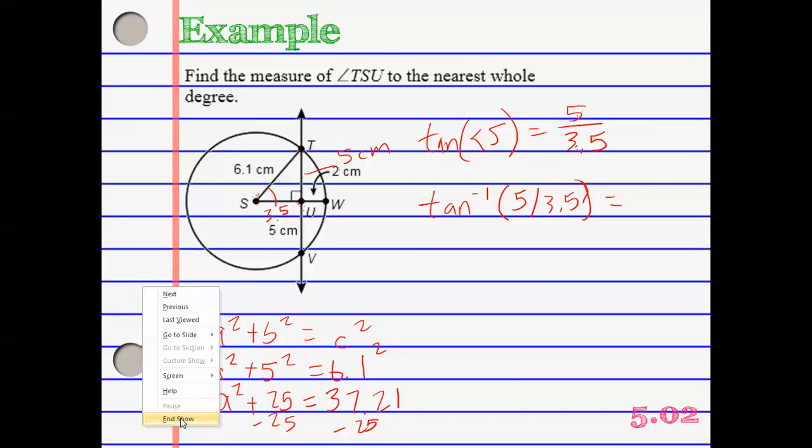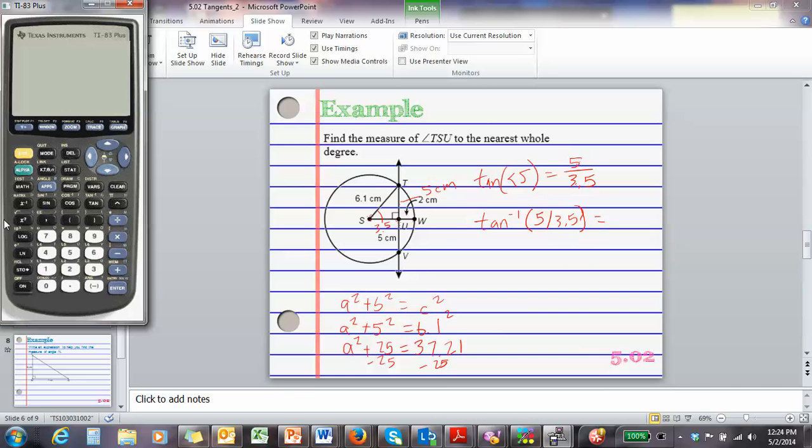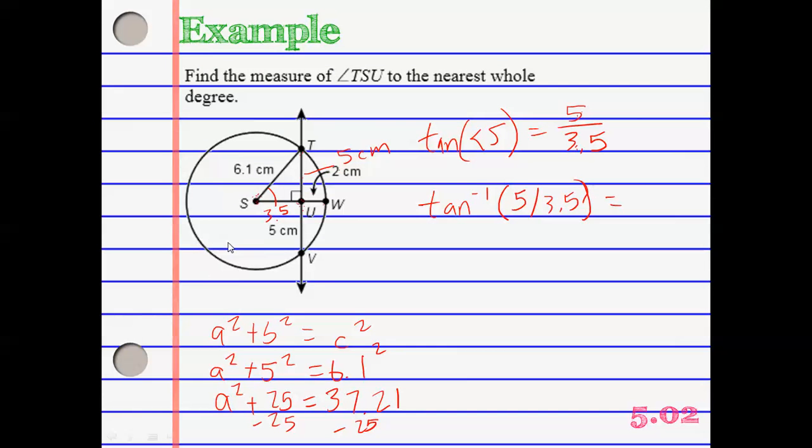So I'll say inverse tangent of 5 over 3.5, and that's going to give me 55 degrees. So I know that the measure of angle S is 55 degrees.